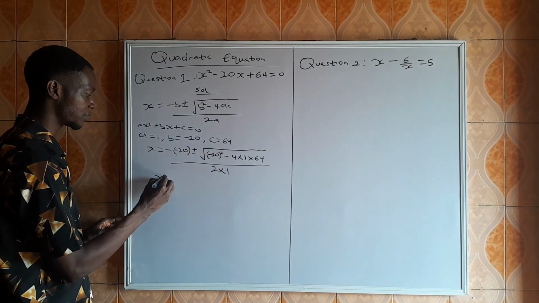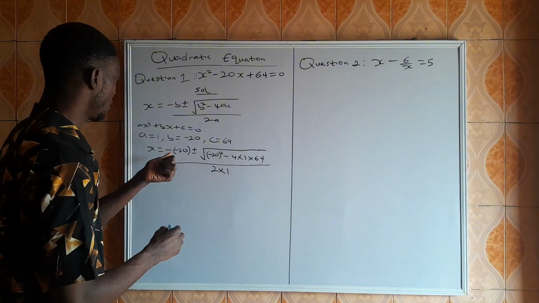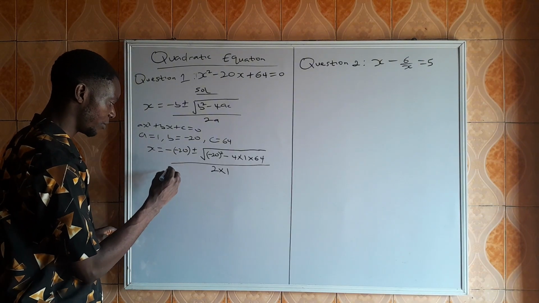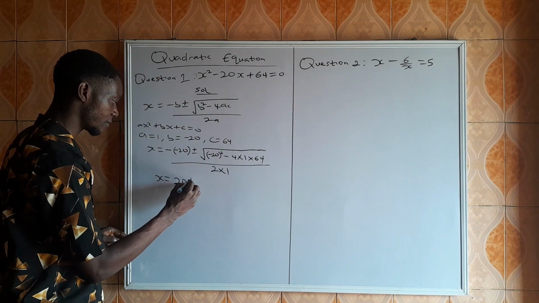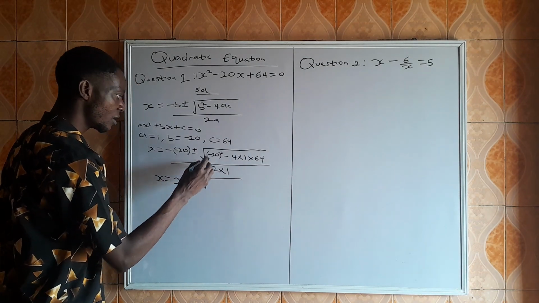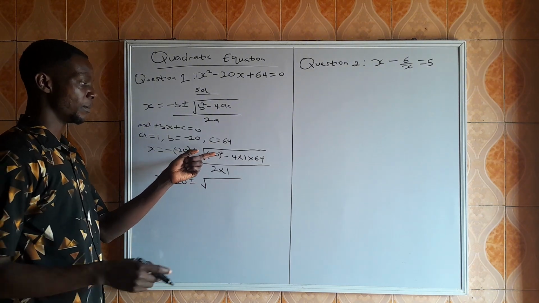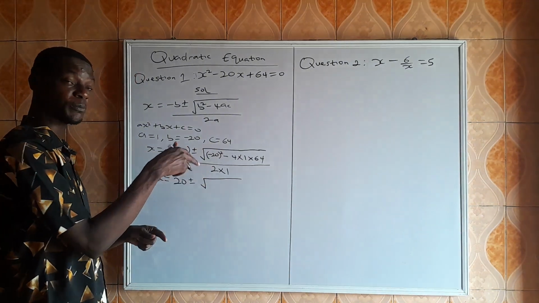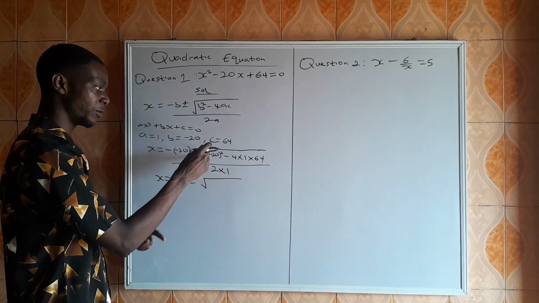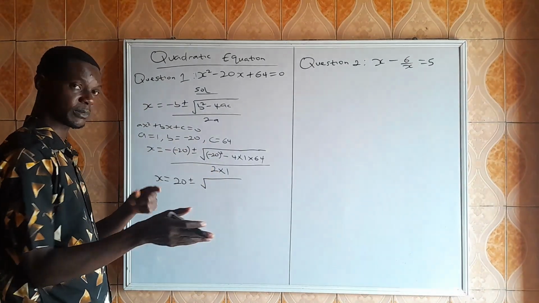So from there, minus multiplied by minus, so you have plus. That means you have plus 20. So you have 20 plus or minus the square root of minus 20 squared. The square of minus 20 will be 400, since minus times minus is plus.